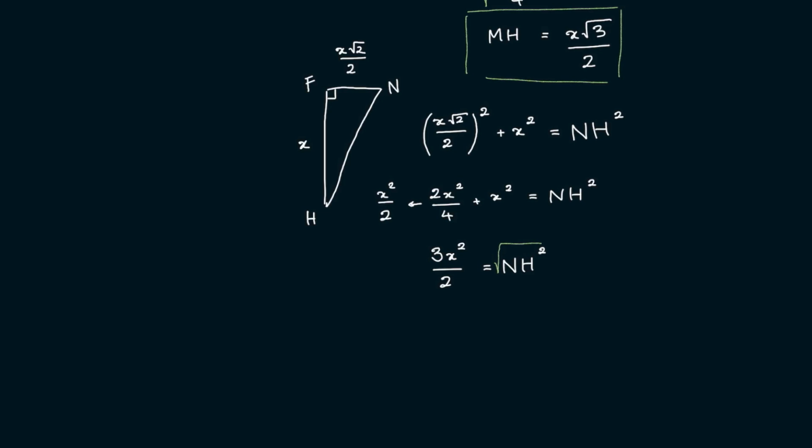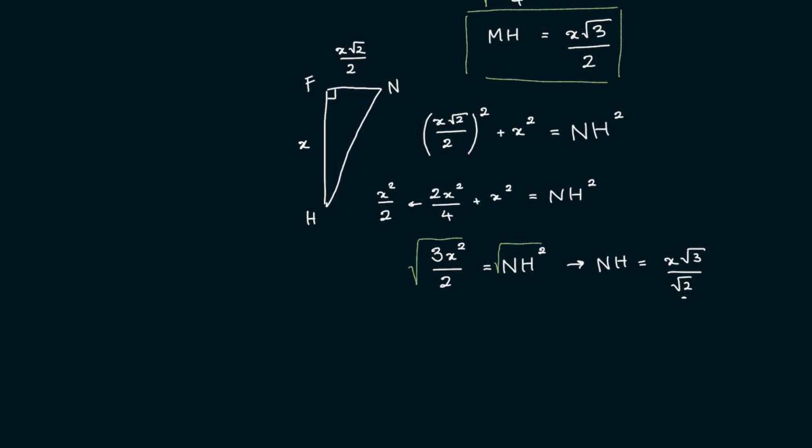And when we take the square root of both sides, we get that NH is equal to x times radical 3 over radical 2.